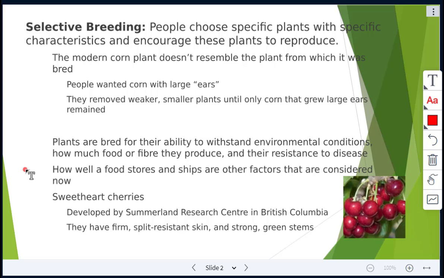Tomatoes are bred for, for example, resistance to disease, larger tomatoes, and how long of a shelf life they would have. This example here, sweetheart cherries, they were developed by the Summerland Research Center in BC, and they have been bred to have firm, split-resistant skin and strong green stems.